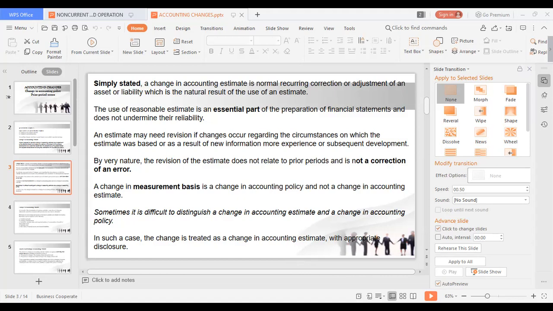In 8.7, on January 1, 2019, Kevin Company purchased a machine for 2,750,000. The machine was depreciated using the sum of years digit method or the SYD method based on a useful life of 10 years with no residual value. January 1, 2020, the entity changed to the straight line method of depreciation.